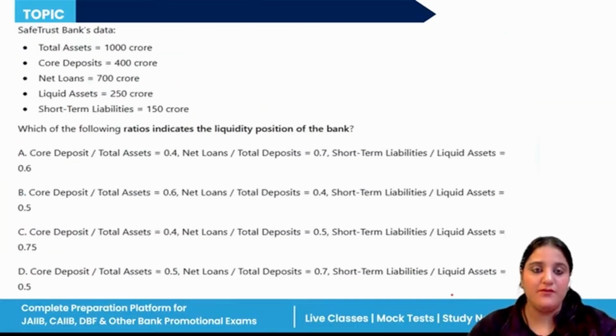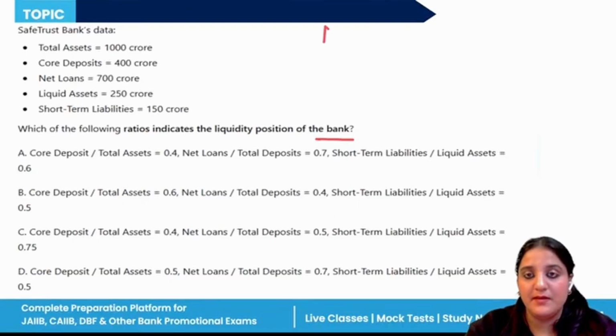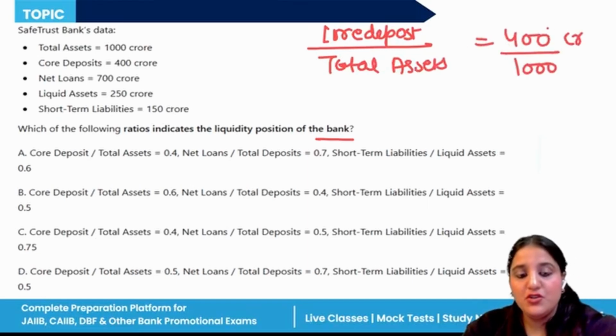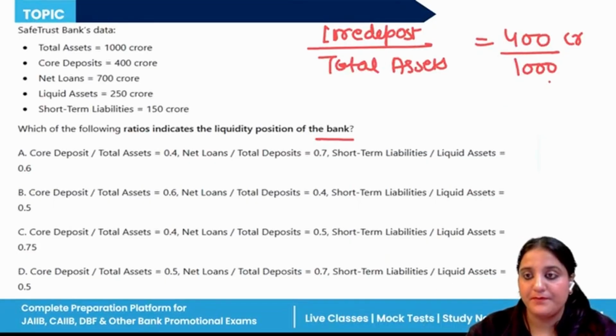Now see the last question for today. Safe Trust Bank data is given. Which of the ratios indicates the liquidity position of the bank? For this we have the simple answer. Core deposits divided by total assets gives 400 divided by 1000 crore, which equals 0.4.